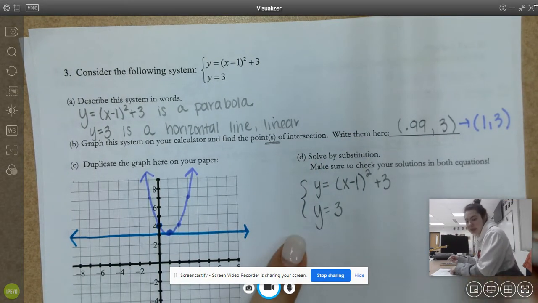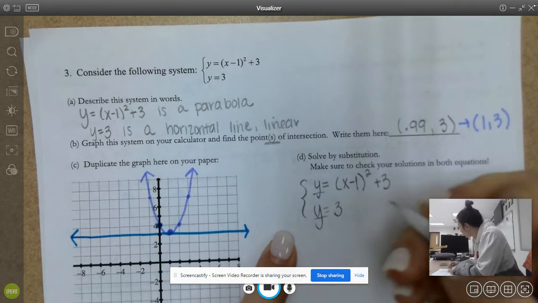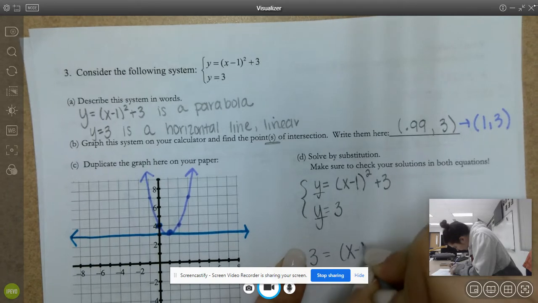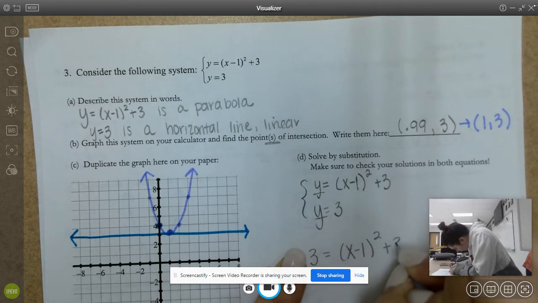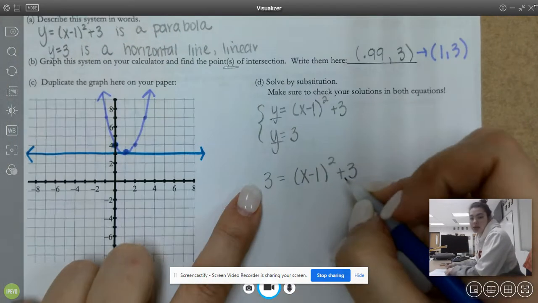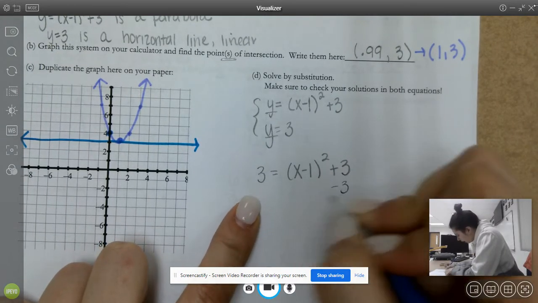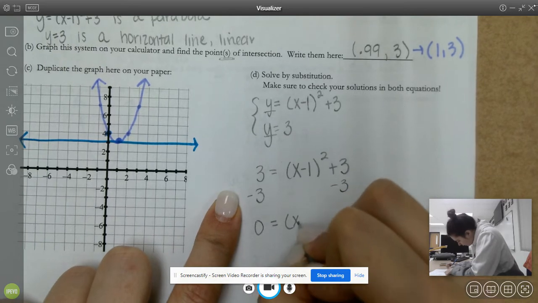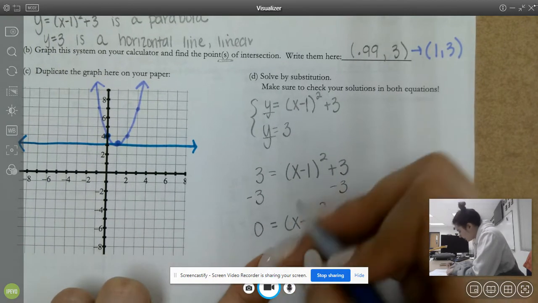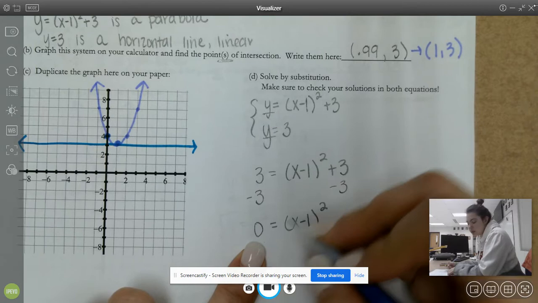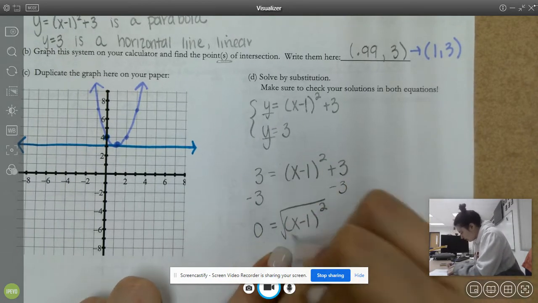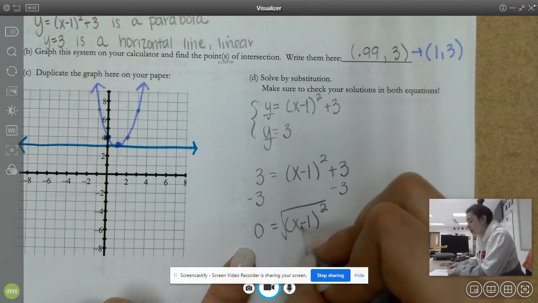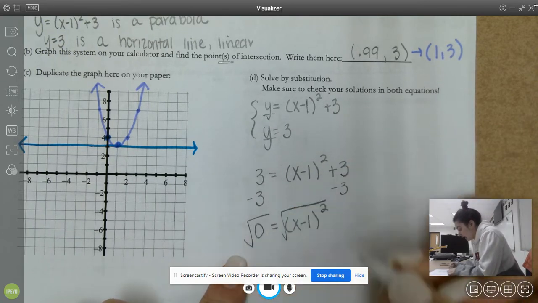Because they're both set equal to y, we can set them equal to each other: 3 equals (x minus 1) squared plus 3. We're going to solve by the square root method, so we subtract 3 from both sides. We get 0 equals (x minus 1) squared. This term is already isolated, so we solve for x by taking the square root of both sides.